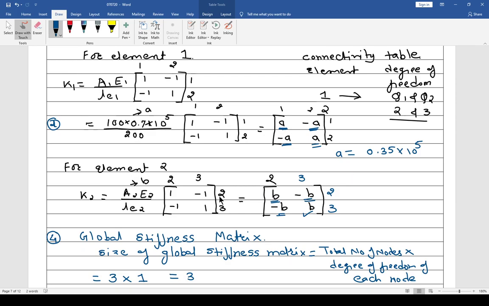So B will be equal to area 50, this will be 200, not 200, that will be 2 into 10 to the power 5 divided by 2 to 5. Okay, let's do the calculation. Just let me know this value, please.